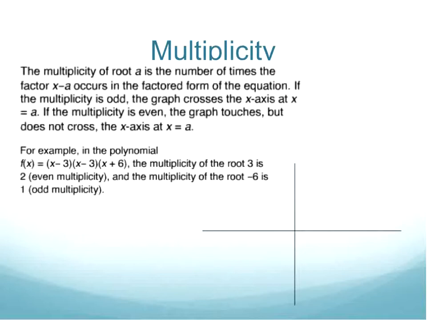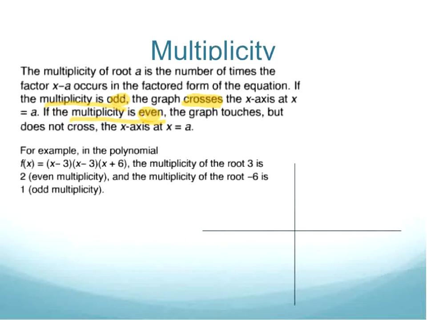So multiplicity. Here are kind of the keys to this slide. So if you have it printed out, here's the part I want you to underline. If the multiplicity is odd, it crosses the x-axis. So that's a key phrase. Multiplicity is odd, it crosses the x-axis. Then one more phrase.